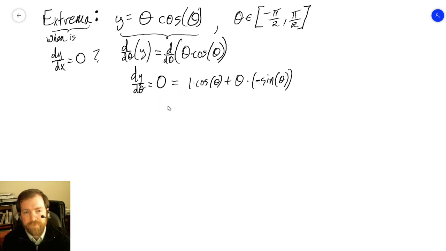So when is 0 equal to cosine of theta minus theta sine theta?